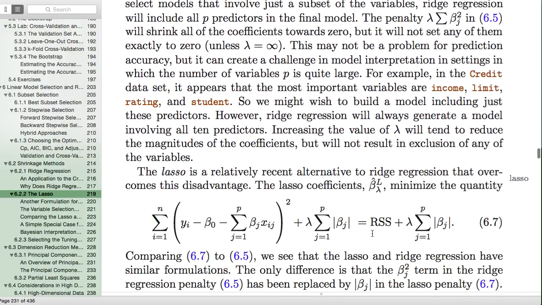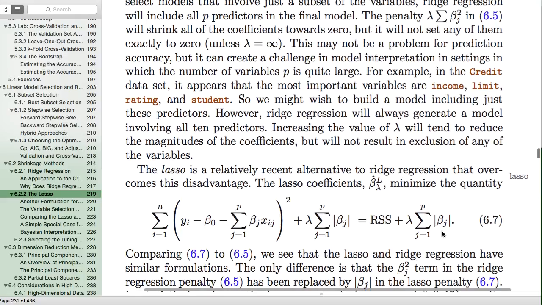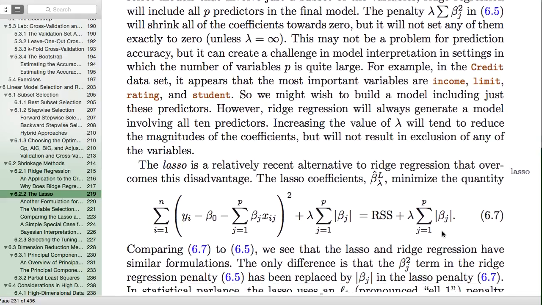If you look at the model, they look identical, except that here we're looking at the sum of the absolute values. And this changes the shape of the lasso's region of restriction, restricting the coefficients such that some of the coefficients will certainly be zero.